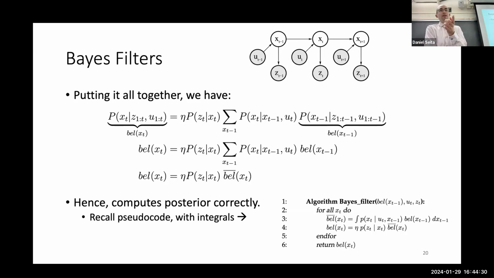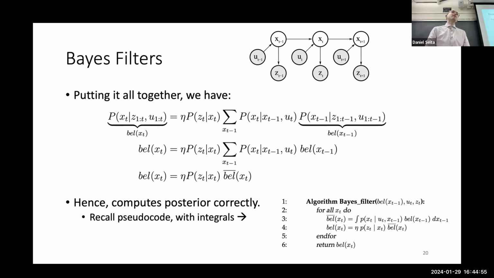All right, so you're asking what is the purpose of the sum or the integral here? This is considering a sum over all the possible values that the random variable representing the state can take on.